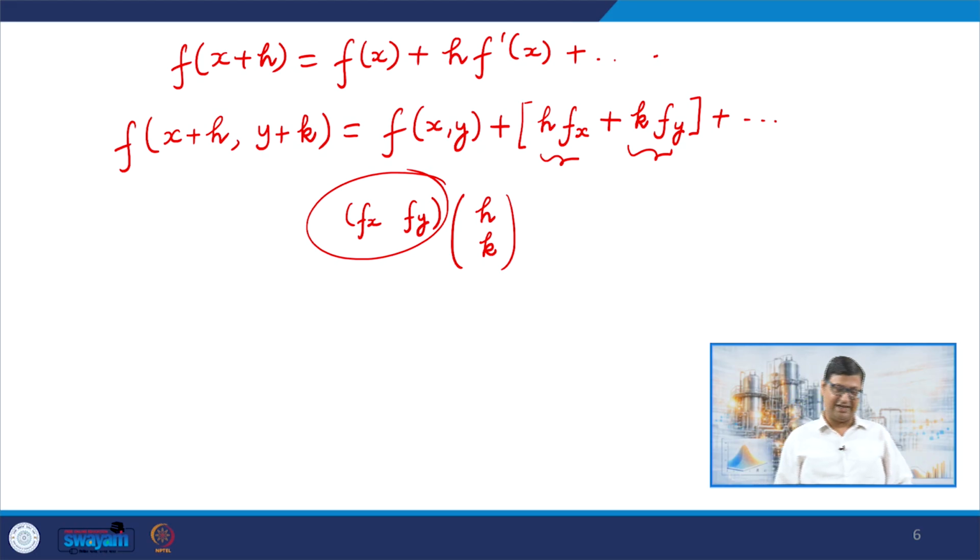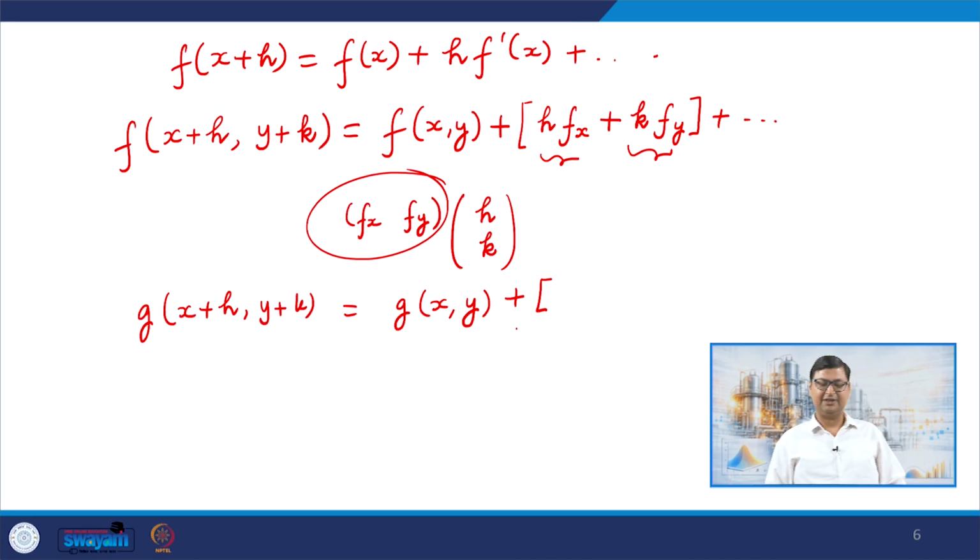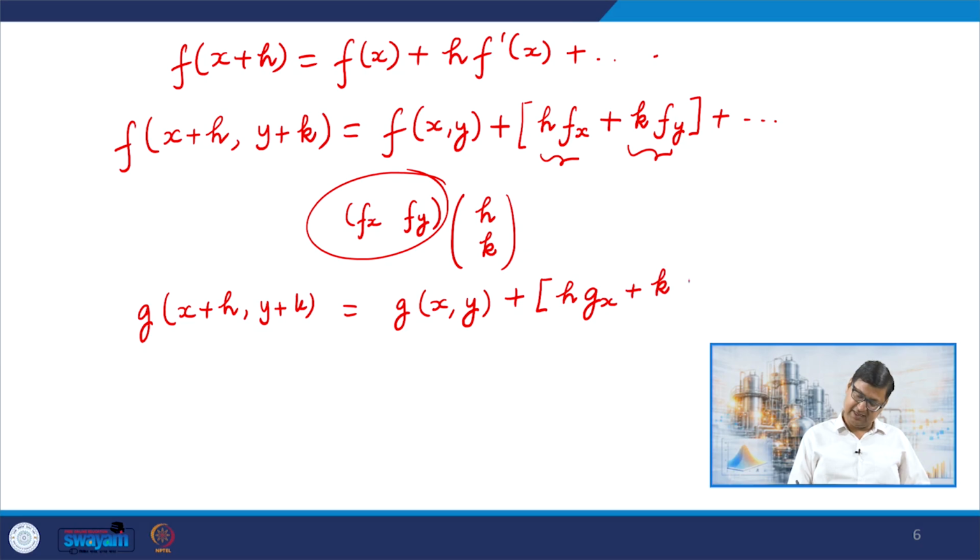So in that case, I have another function g of x plus h, y plus k, and that is equal to g of x, y plus, again I can apply the same logic, h g x plus k g y, right?